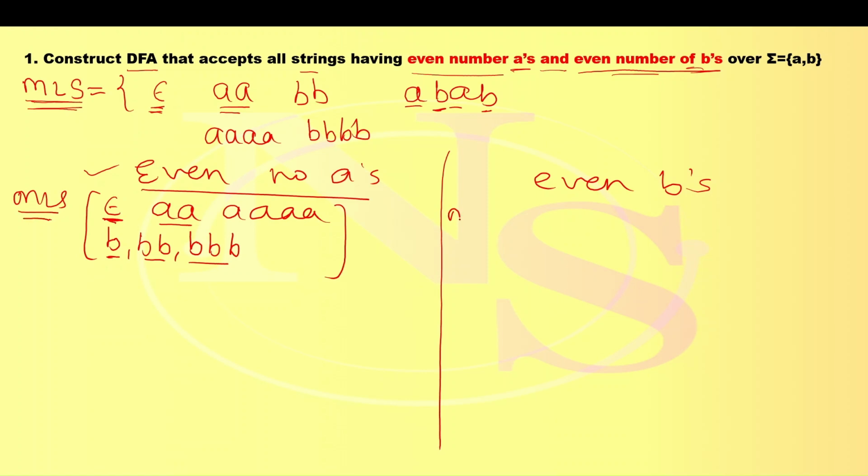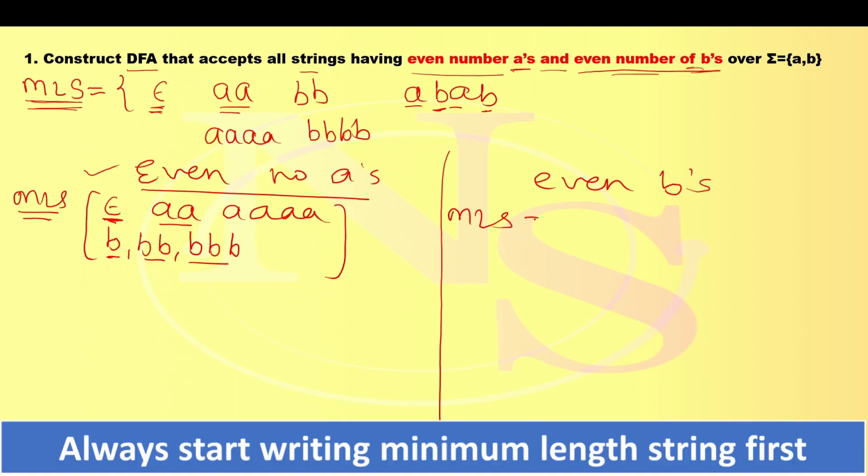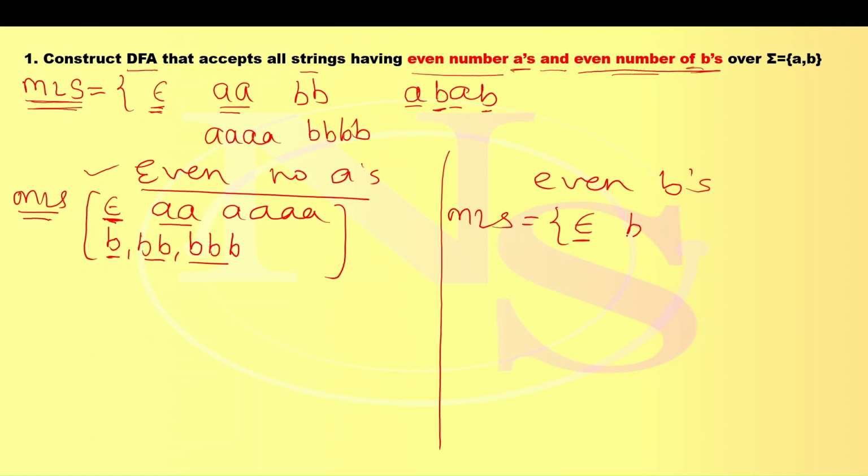Similarly, for the minimum length strings for B's, if I say epsilon, how many B's? 0. Double B, how many B's? 2. It's even. I can say 4 B's. It's even. If I write a single A, how many B's are here? 0 B's. Same as epsilon. So it's an even number of B's. If I say double A, 0 number of B's.